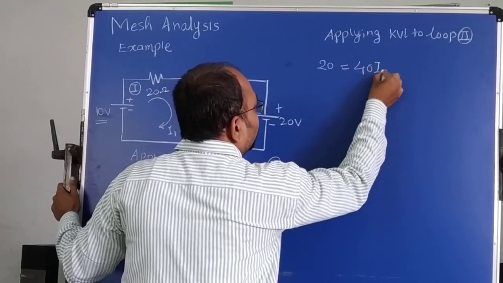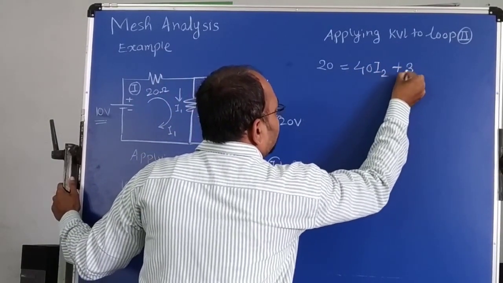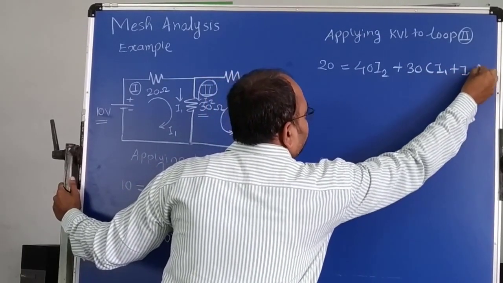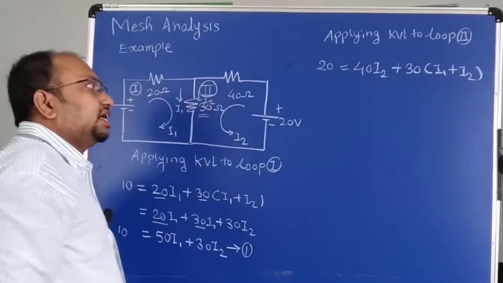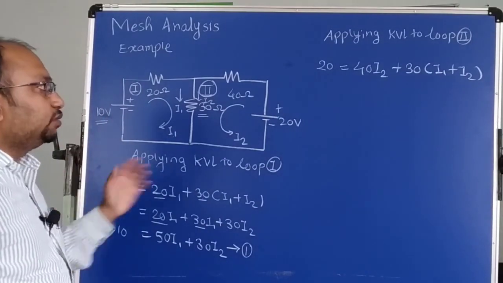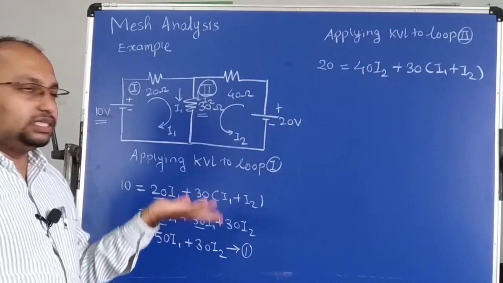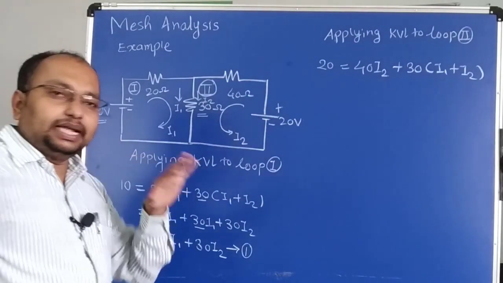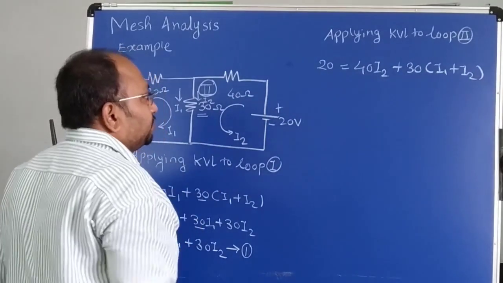So 40 I2 plus 30 into (I1 plus I2). As the currents are in the same direction, no need to worry about which current is larger or smaller, so we can take the addition as it is. Okay, fine.